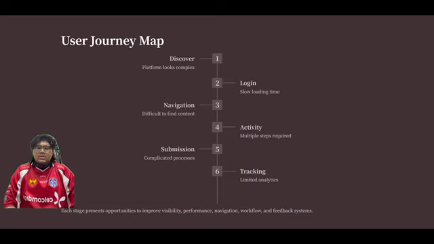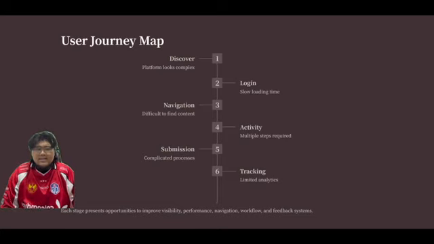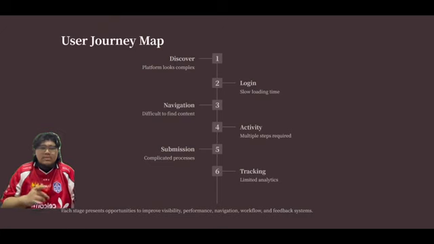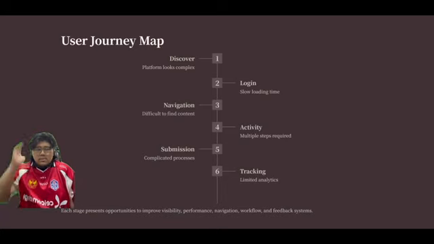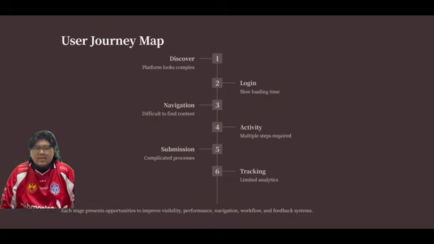In the activity stage, tasks like accessing content or discussions may require multiple steps. During submission, the assignment process can be complicated. And finally, in tracking, students have limited tools to monitor their progress. These stages show where improvement can be made in navigation, performance, and feedback.